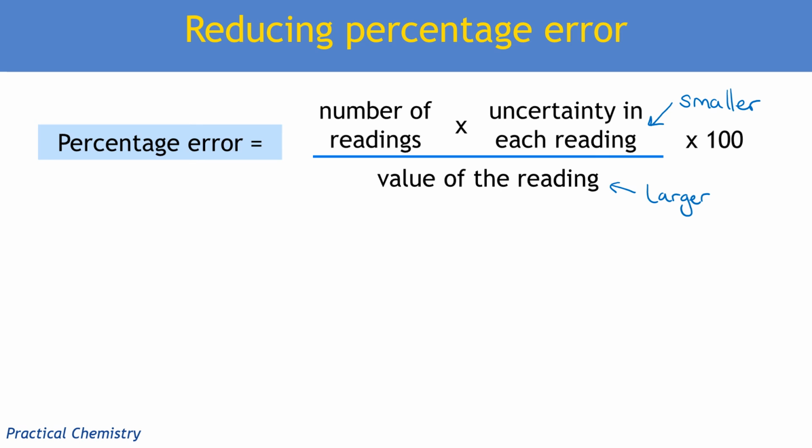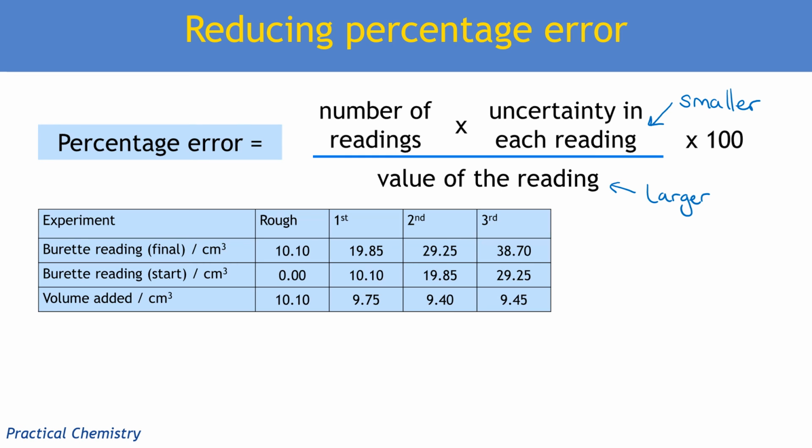Well, you can change some of the conditions that you're using, because you've got some control over what you choose. Let's take this example. We have a solution in the burette, and this volume is relatively small, so less than 10 centimeters cubed. A burette holds like 50, so that's quite a small volume. Well, how can we make that bigger? It depends on the concentration of the solution in the burette and the concentration in the flask, and also how many moles there are of each.